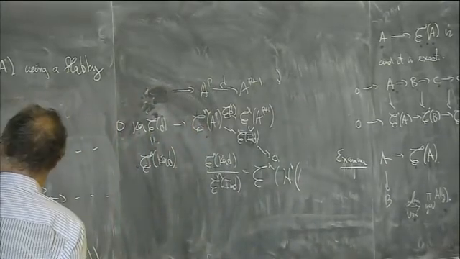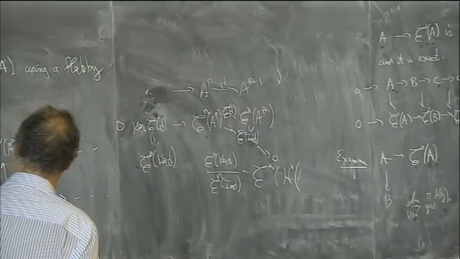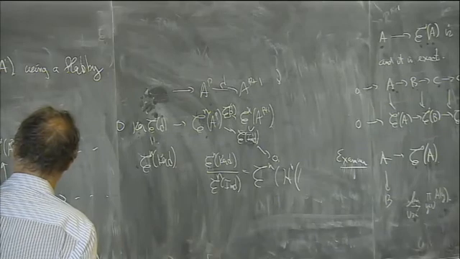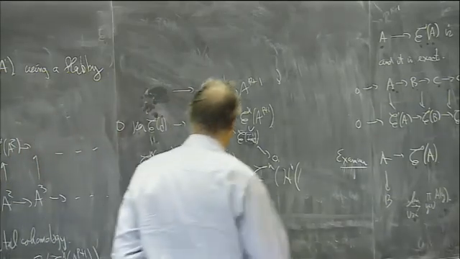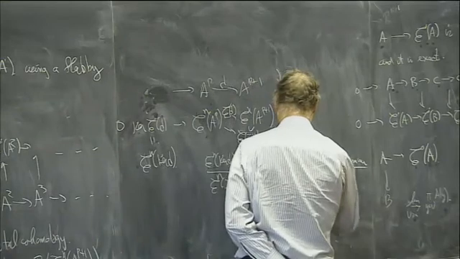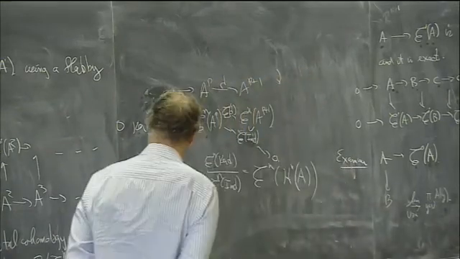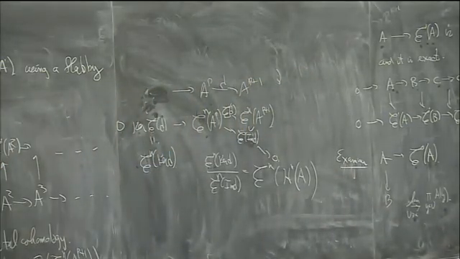Should be C applied to the cohomology of A. I'm having trouble today here. I'm sorry. It's not working. Anybody help me out here?